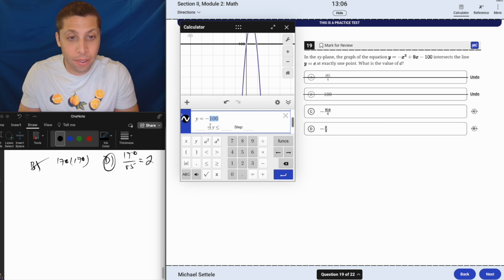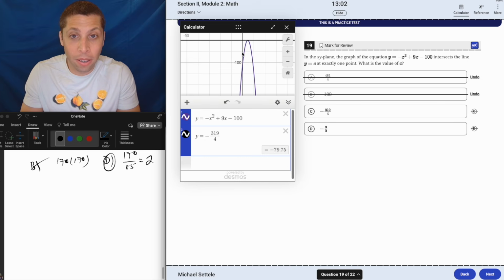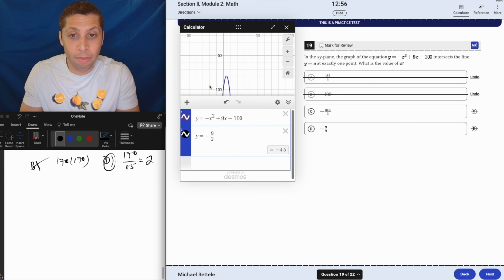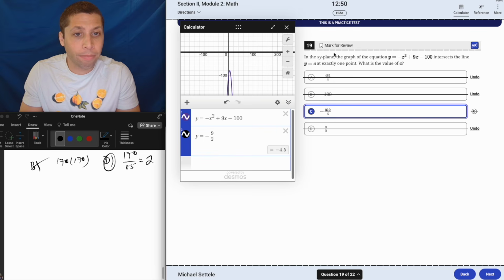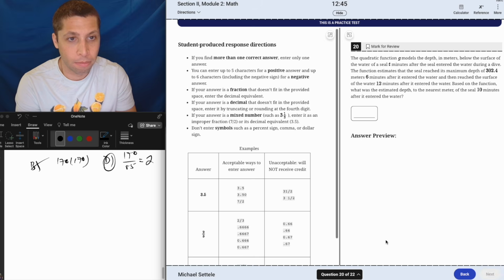Negative 319 over 4. That looks like 1. Let's try the other. 9 over 2. Yeah, 0. Easy. I'd come back to this, maybe do the discriminant if I've really got time, but yeah, okay.